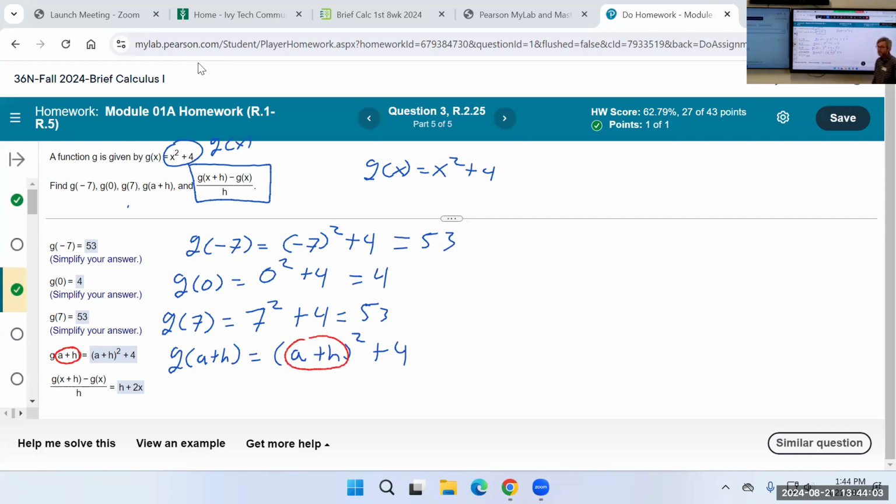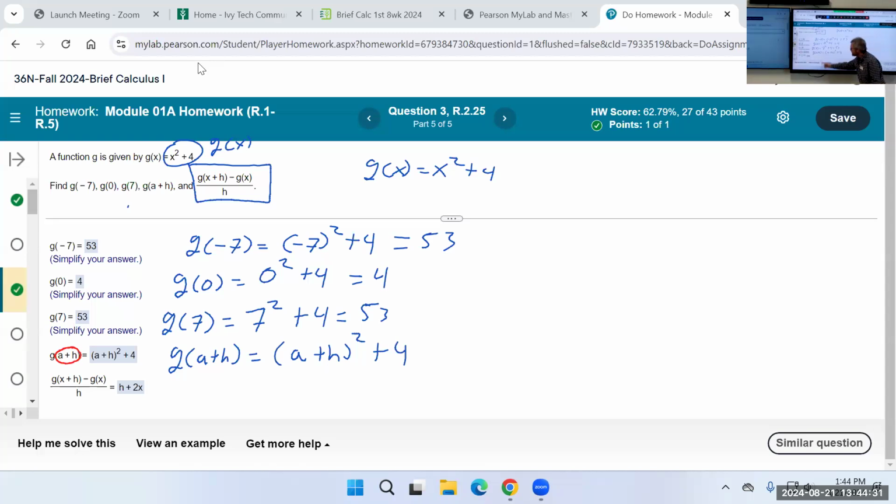Before that was x, now it is a plus h as they asked. You may ask yourself, do I need to distribute, a plus h times a plus h? I tested and it said I didn't have to, so I left it as it was.